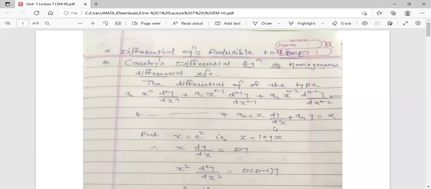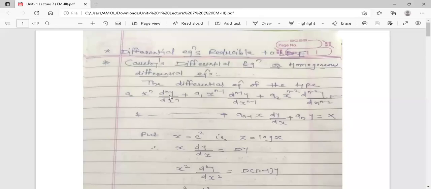This means in every term a derivative is present, and with it a polynomial function whose degree is equal to the order of the differential coefficient present in the term. And in the RHS there is a function of x. So this type of equation is called Cauchy's differential equation or homogeneous differential equation.